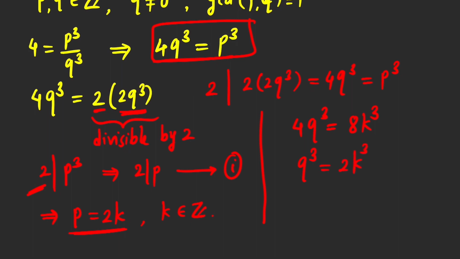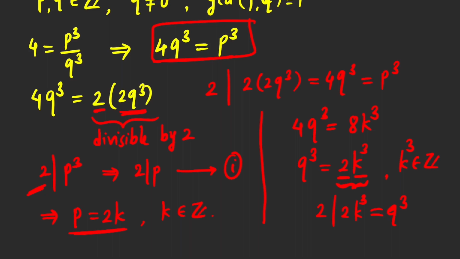And now again here we have 2 times k cube, 2 times some number. In fact this k belongs to Z, and therefore k cube is in Z, that means 2 times some integer. So 2 divides 2 times k cube, which is the same as q cube.